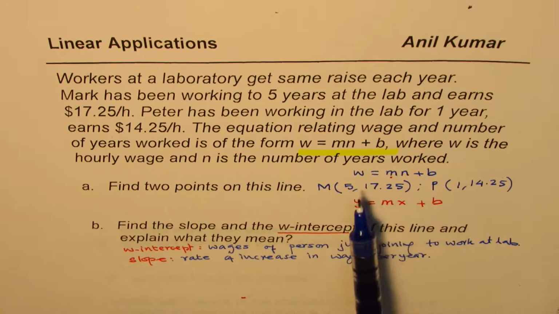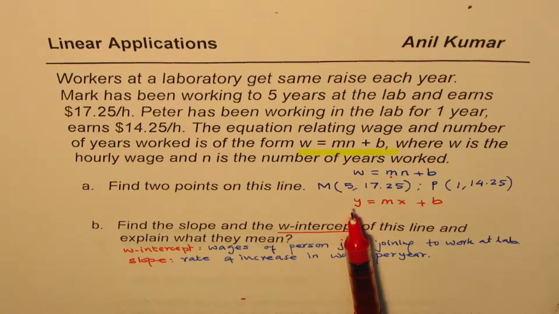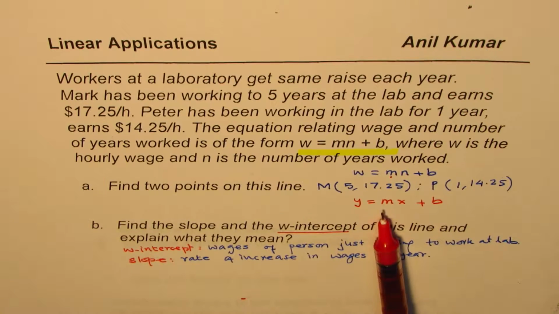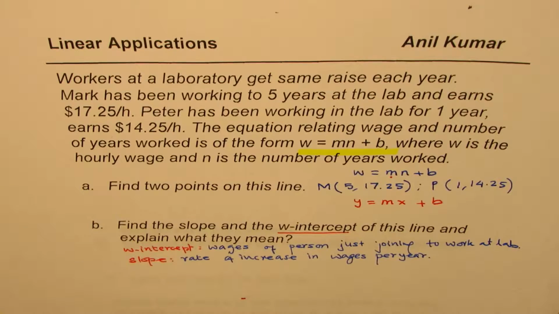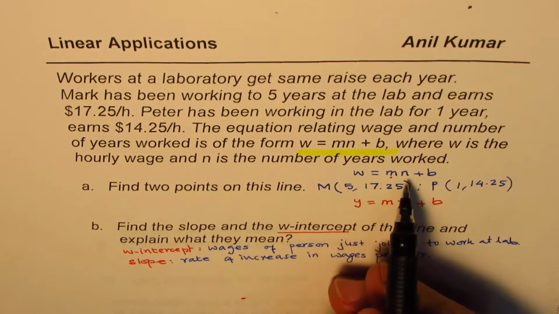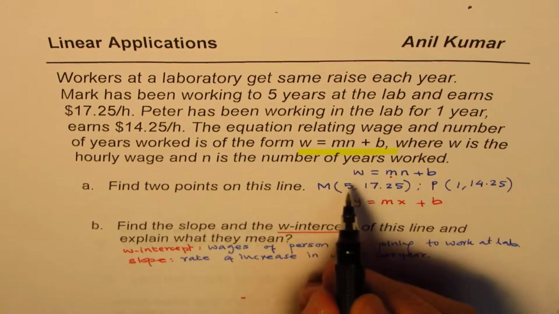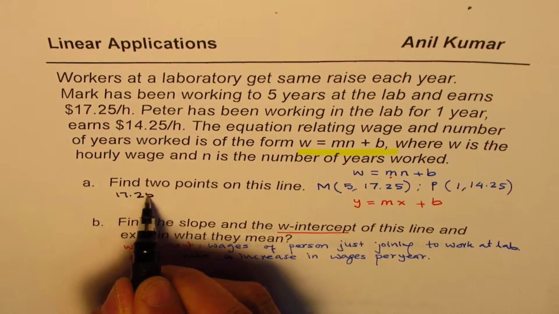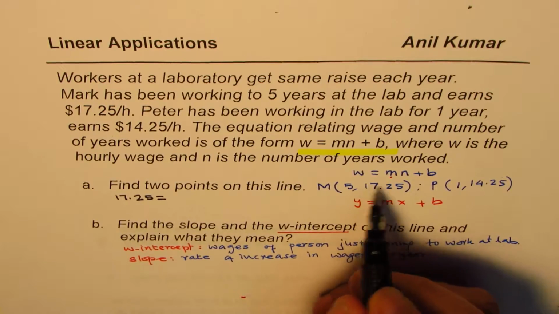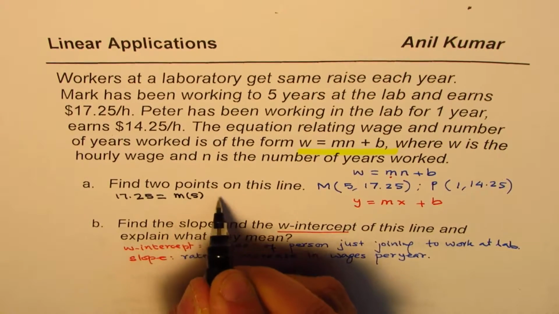From these 2 points we can substitute and find the 2 unknowns, m and b. So let us create the 2 equations. In the first, n is 5 and w is 17.25, so 17.25 equals m times 5 plus b.